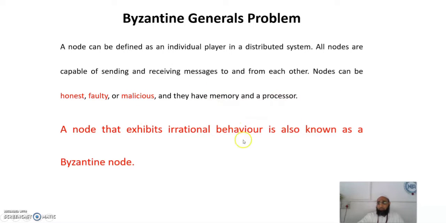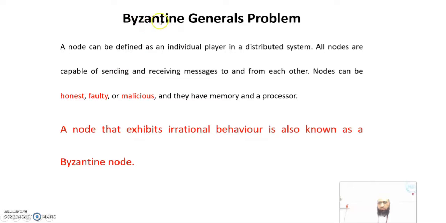But when we talk about behavior, they may be honest, faulty, or malicious. A node that exhibits irrational behavior is known as a Byzantine node. Let me repeat: a node that exhibits irrational behavior is known as a Byzantine node.